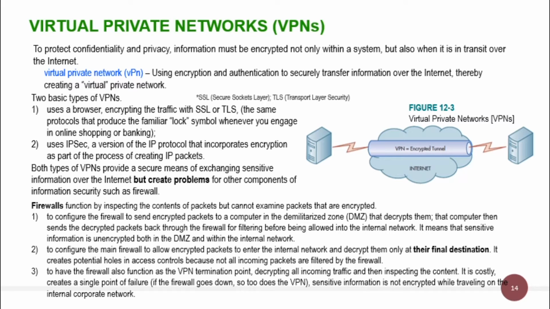And the second uses IPSec, a version of the IP protocol, Internet Protocol, that incorporates encryption as part of the process of creating IP packets. So the message is sent like a packet to the other parties. Both types of VPN provide security, but here remember there is a problem too.